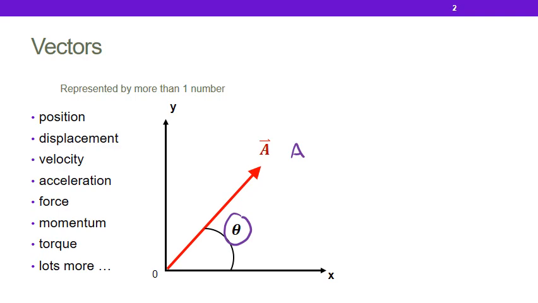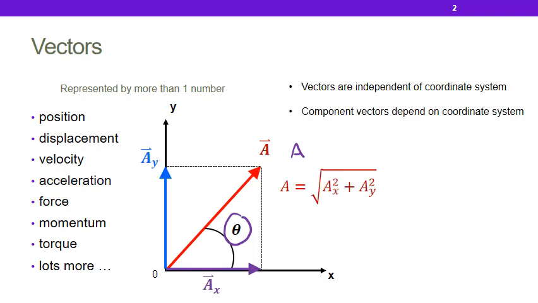By placing our vector in a set of coordinate axes, we also then can describe our vector using components of that vector in that set of coordinate axes. In this case, it would be the x component of the a vector and the y component of the a vector. One thing I want to remind you of is that vector components depend on the coordinate system.